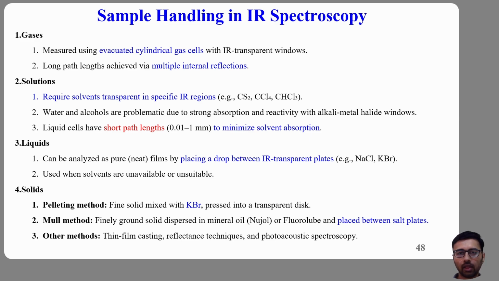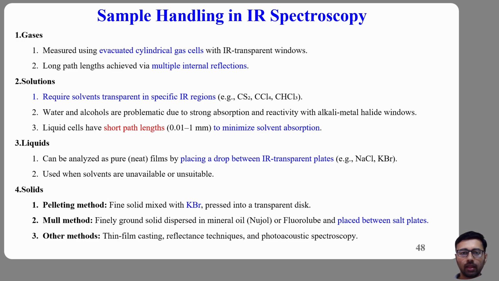For gaseous samples, we use specialized gas cells. These are usually cylindrical evacuated containers with infrared transparent windows. Gases are diffuse. The molecules are far apart. That means the probability of light interacting with a molecule is relatively low. So how do we increase absorption? We increase the path length.